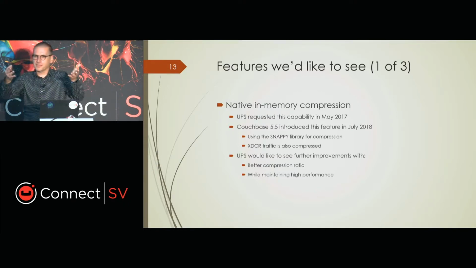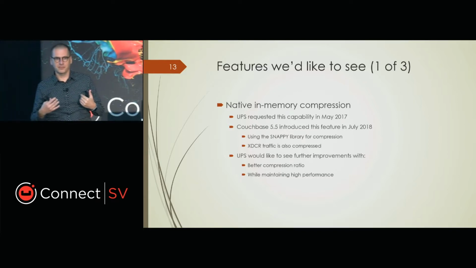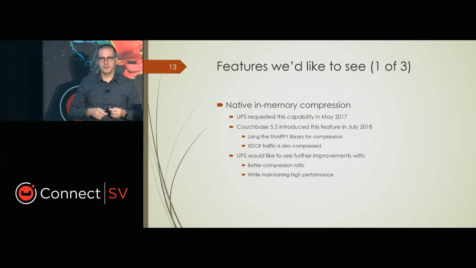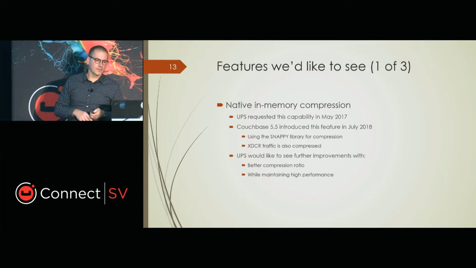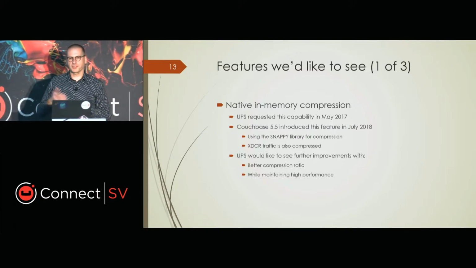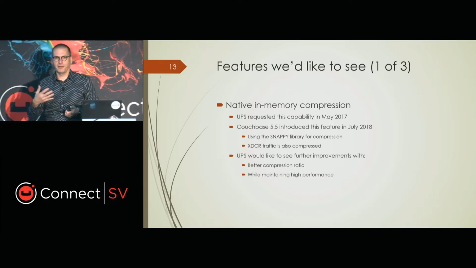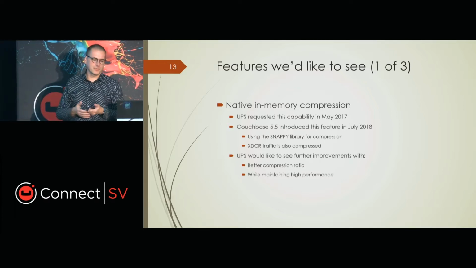We would still ask the Couchbase folks in the room to improve that compression. The compression ratio that we've seen by doing limited testing is pretty poor compared to other compression out there. It would be great to have better compression. But the nice thing about using this native compression is that we can now query that document if we had the need to do so.